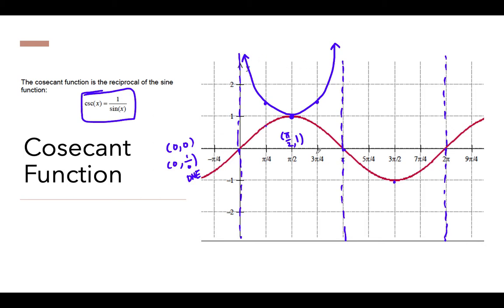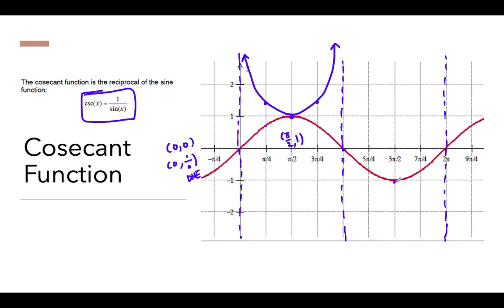For a point between 3 pi over 4 and pi that is very, very close to 0.1, if I do 1 divided by 0.1, you're going to get 10. So the numbers will become very big, but it will never touch the asymptote.